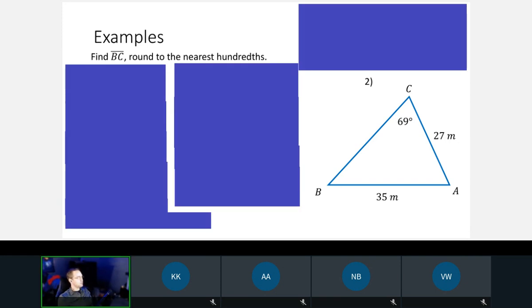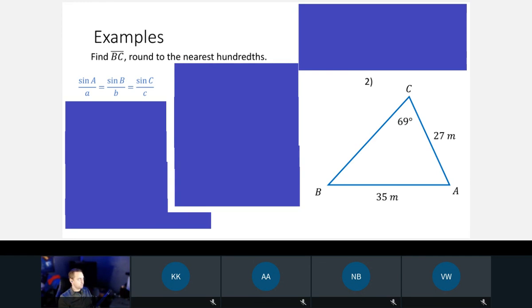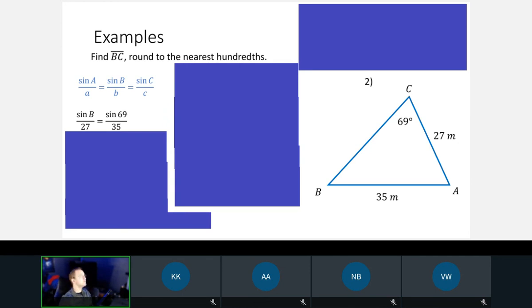All right. So the way that Caitlin did it, she first used the law of sines. We do that because we're trying to figure out one of the angles. So let me use my pen here. We're trying to figure out angle B. Our goal here is to find side BC, which is little a, right?